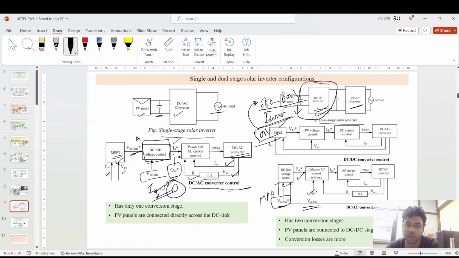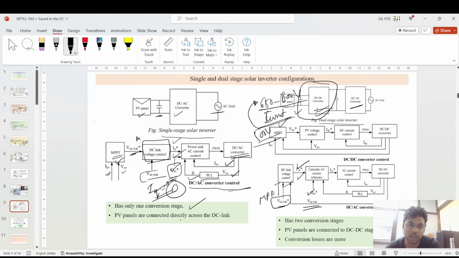Then it generates the power and the QAC star. In the previous case we were generating ID star and QAC star. Now we are taking PAC star directly into consideration. Why? Because we have the voltage level which we need, that is 650 to 800 volt. But in the single stage architecture, we don't know what the voltage would be.